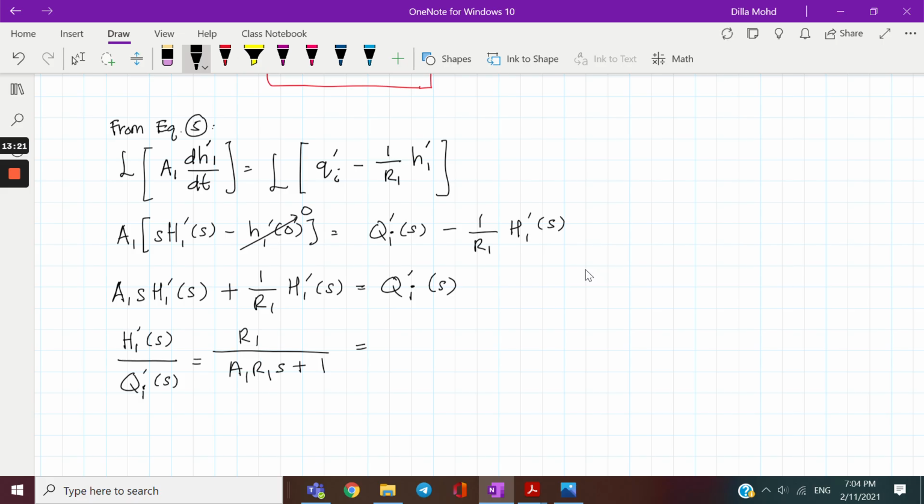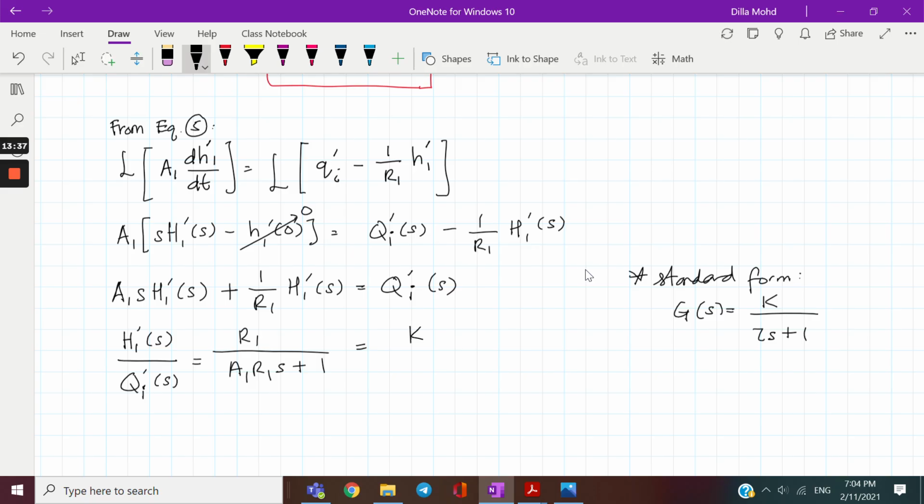Let's put this in standard form. I hope you remember the standard form of a transfer function: K over tau s plus 1.